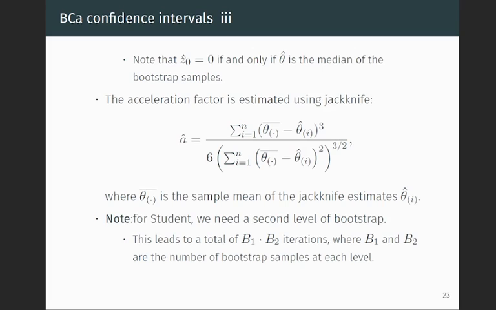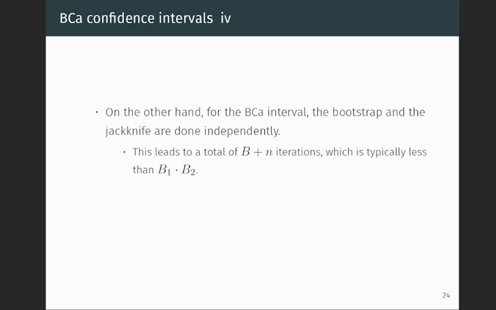Right, so for student we needed a second level of Bootstrap, which led to a total of B1 times B2 iterations, where B1 is the number of samples for the first level, and B2 is the number of samples for the second level. So it's multiplicative. Here it's a bit different. What we do is we do Bootstrap plus Jackknife independently of one another. So they're not nested.